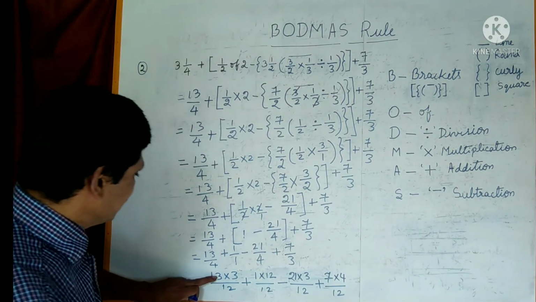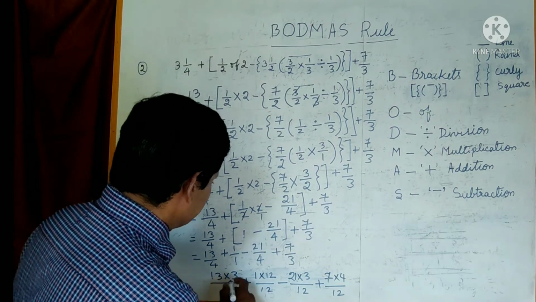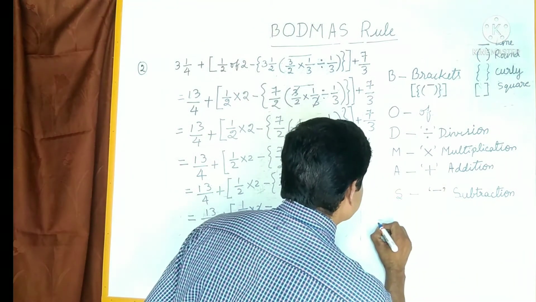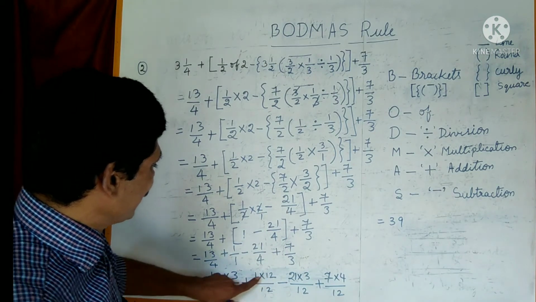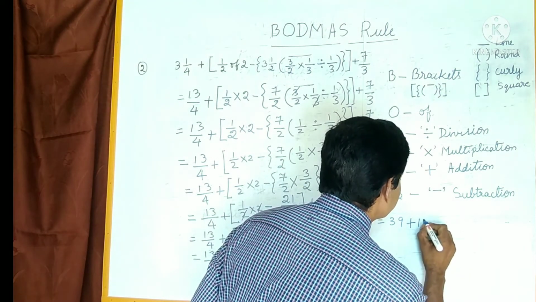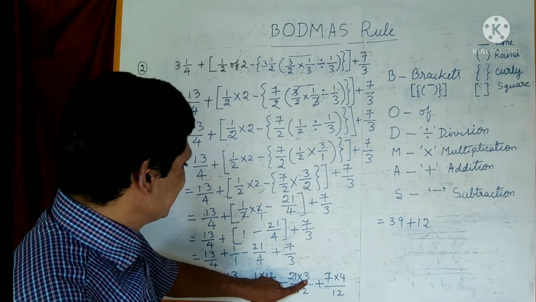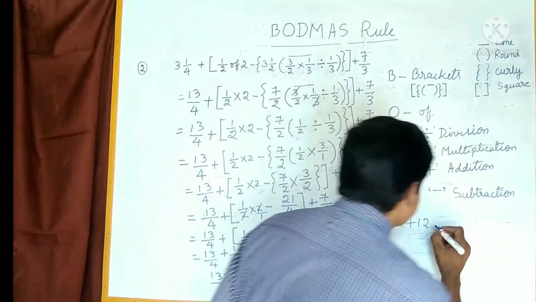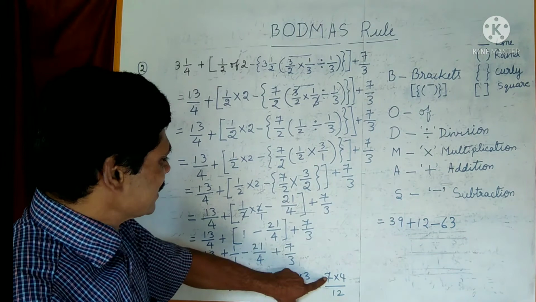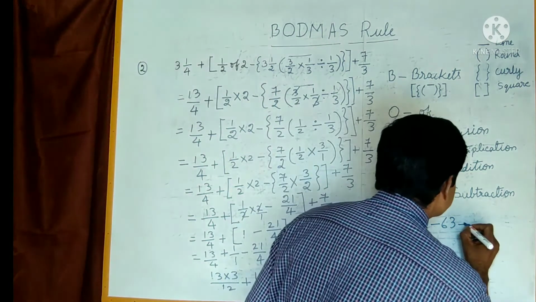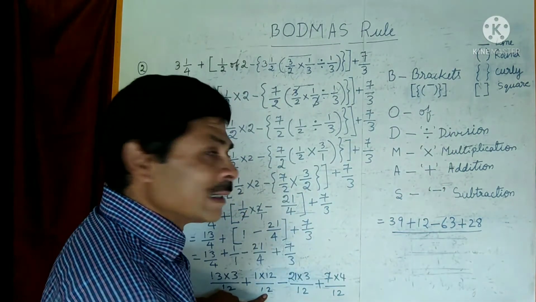This is equal to 13 into 3 is 39, plus 12 ones are 12, minus 21 3s are 63, plus 7 4s are 28, and the denominator is 12.